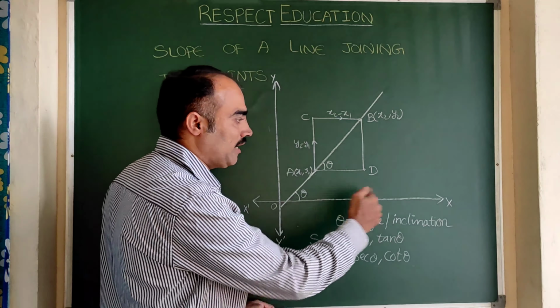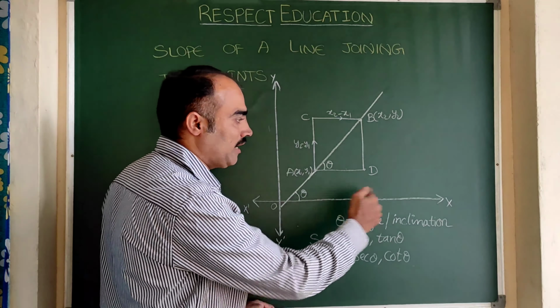Now let us remove this theta as it is shifted from here to here. Now let us copy this y2 minus y1 as it is. It can be moved as it is, because the distance between A to C is equal to the distance between B to D, that is nothing but y2 minus y1.